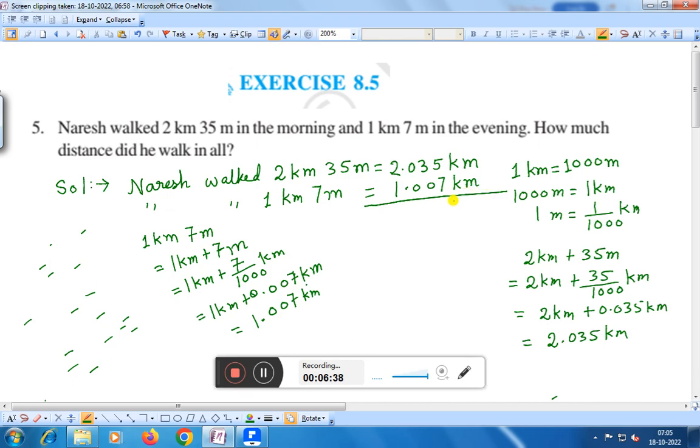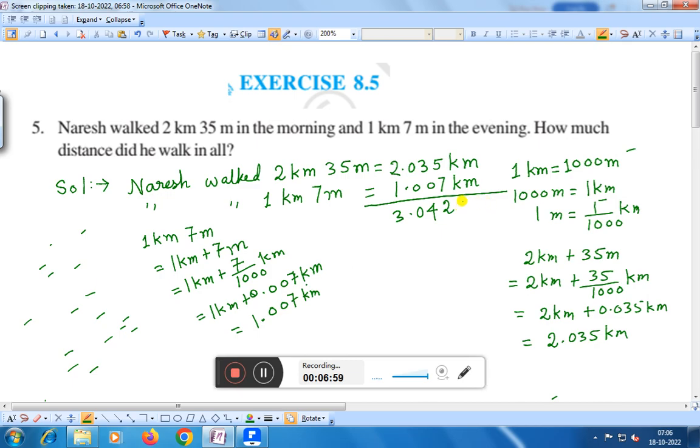5 plus 7 is 12, 2 carry 1. 3 plus 1 is 4. 0.2 plus 1 is 3.